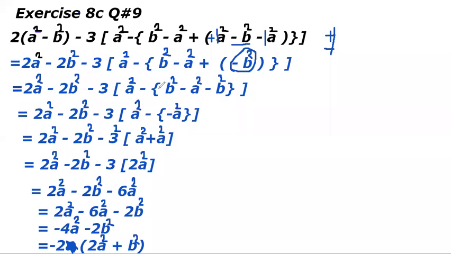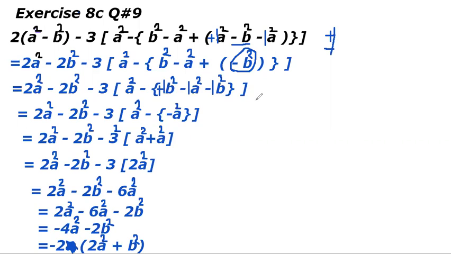Okay, b square means positive 1b square, negative 1a square means negative 1a square, and negative b square means negative 1b square. B square and negative b square are like terms, so we will solve them.